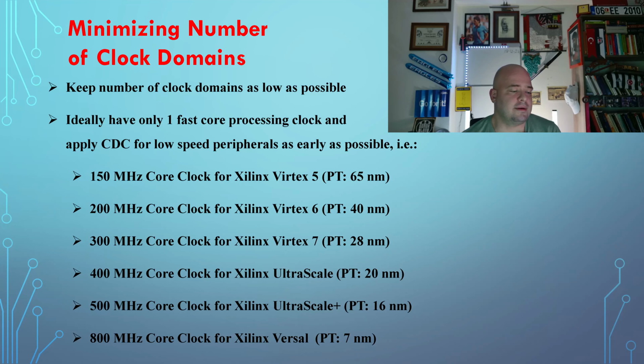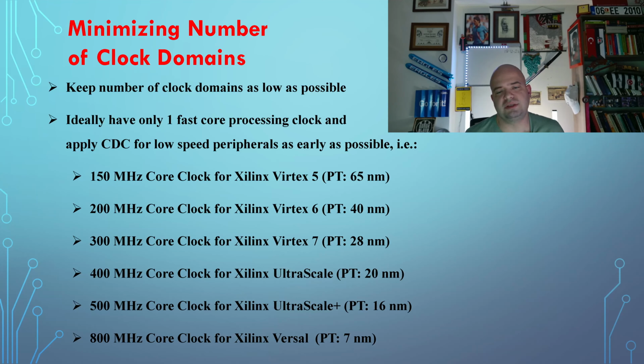So as an important rule of thumb, try to keep number of clock domains in your designs as low as possible. The ideal one is having only one fast core processing FPGA or SoC clock. Then, of course, you need to decide or optimize that clock frequency depending on your FPGA device family, FPGA vendor and family.